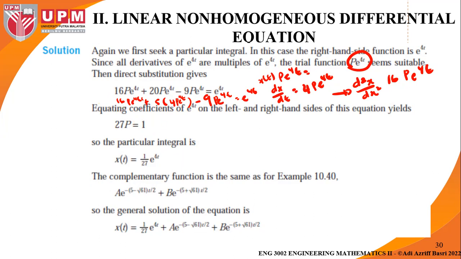The next step you need to equate the left and right. We go for exponent 4t on the left side.